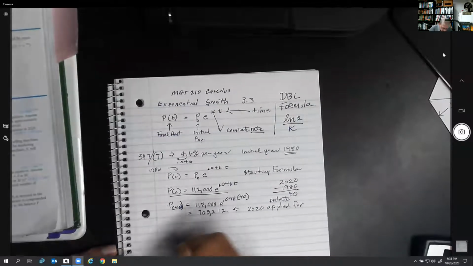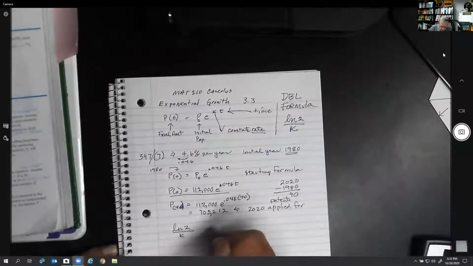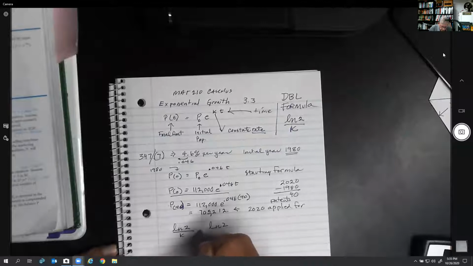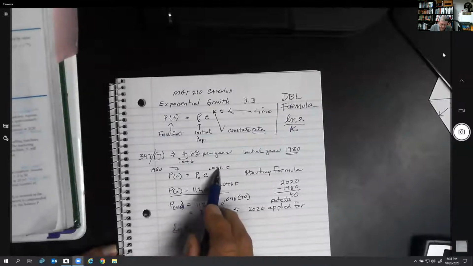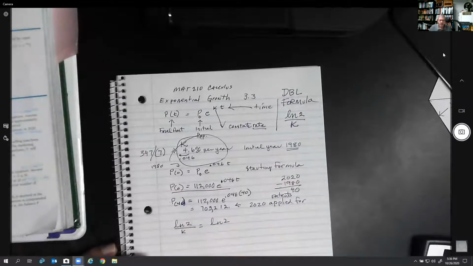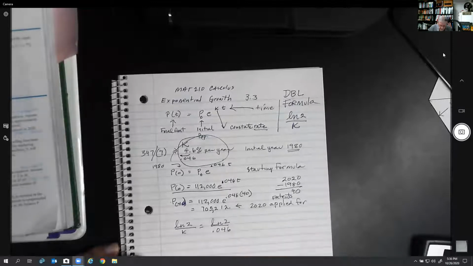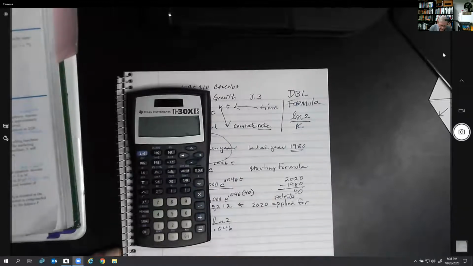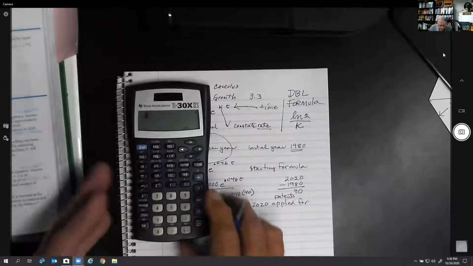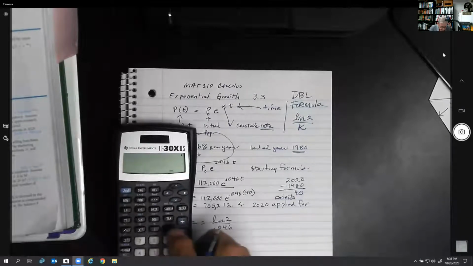So in this problem, it's going to be ln2 divided by k. k is 0.046. This is our k right here. So we want to divide that by 0.046. And that would tell you how much time it takes for whatever it is to double. In this case, the number of patents that will double.